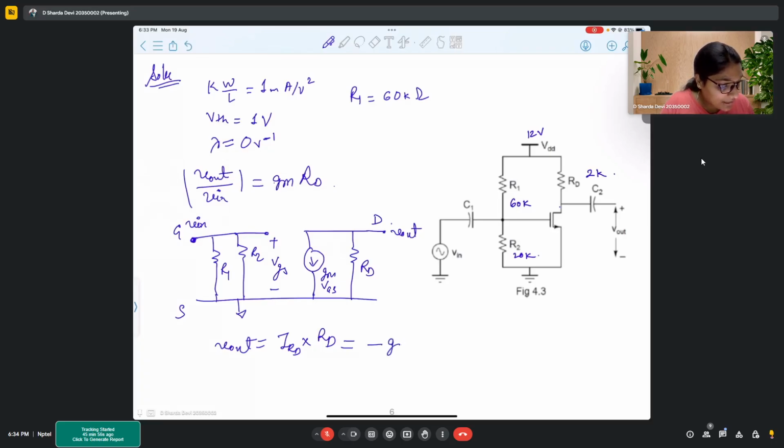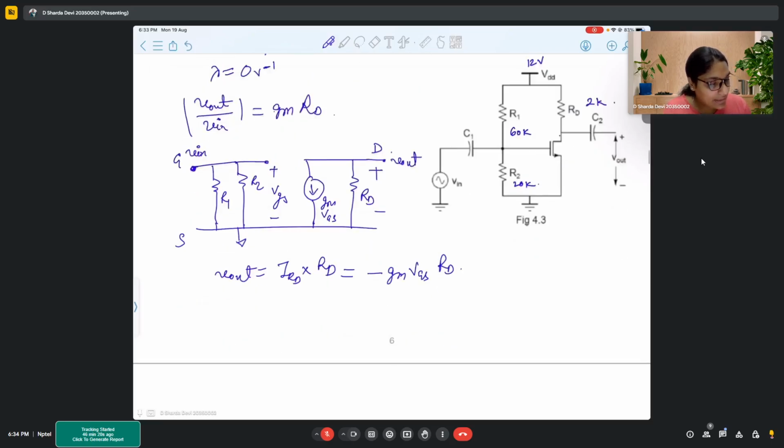So I_RD will be minus of GM VGS, considering that this particular GM VGS circulates through this part of the circuit. So it will be minus GM VGS because the current is going downwards and you are seeing the voltage from up to down. So that's why the negative into RD. And again, here VGS is Vin. In this particular case, VGS is Vin.